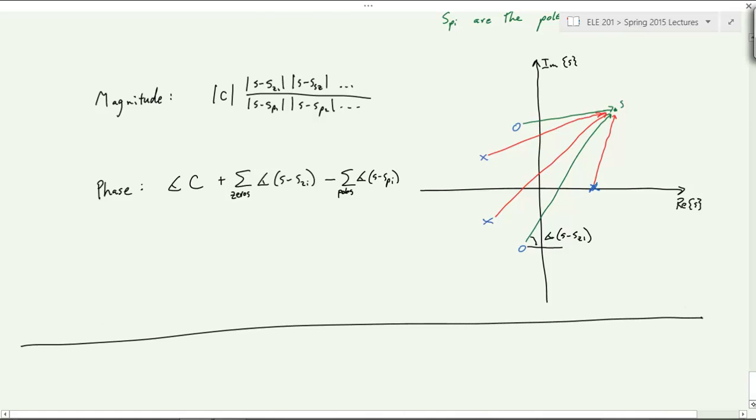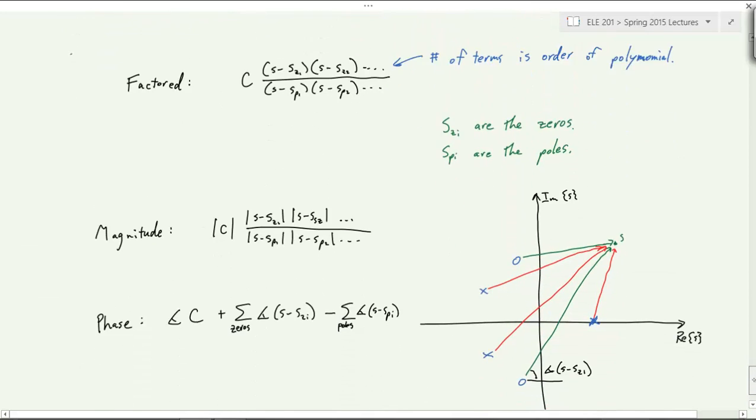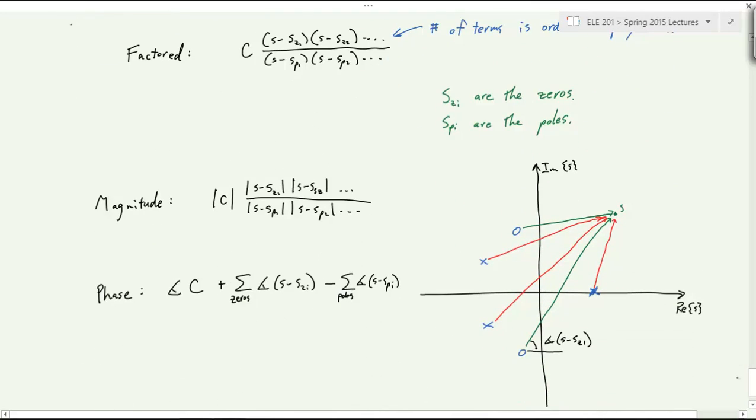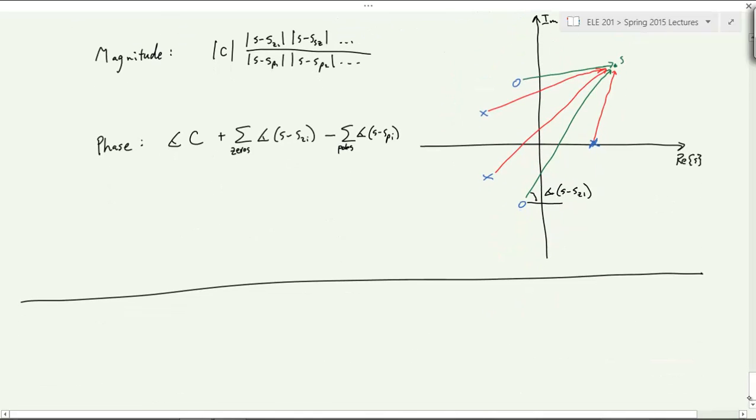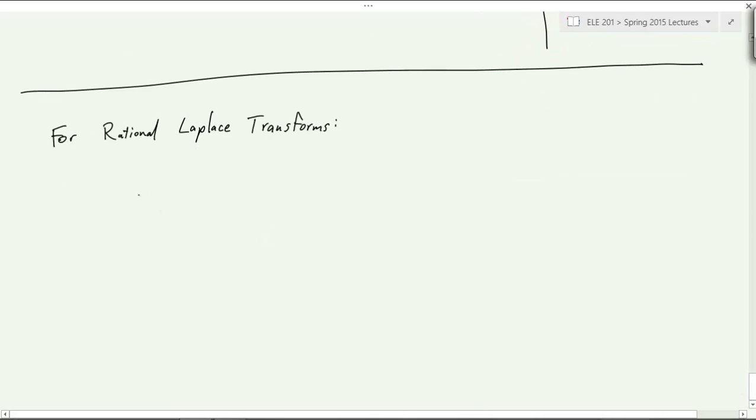Now let's look at rational functions. Everything we talked about here was just general rational complex valued functions. Let's now look at this specifically related to the Laplace transform. So the Laplace transform, if it's rational, then it turns out that the regions of convergence are always defined by the placement of the poles.